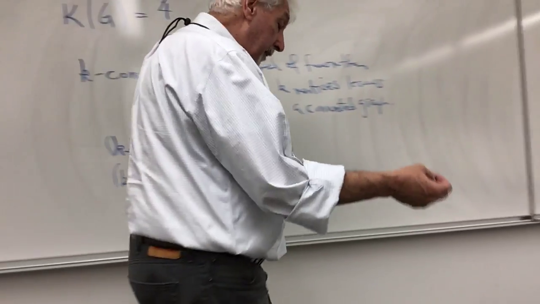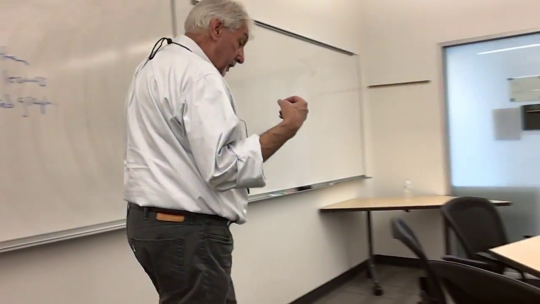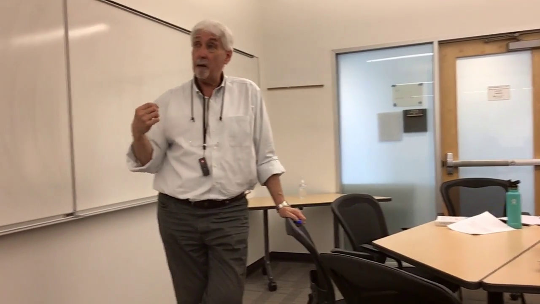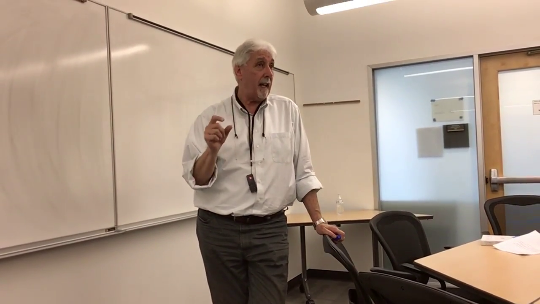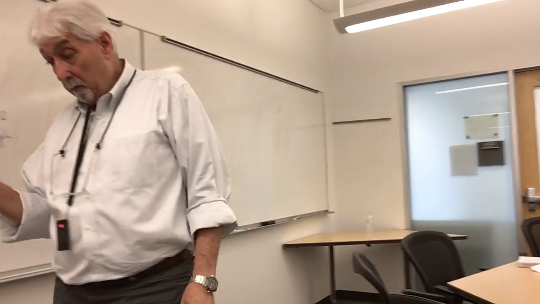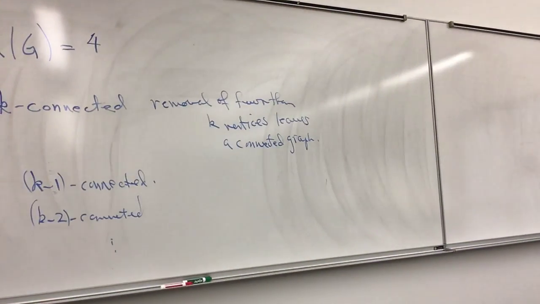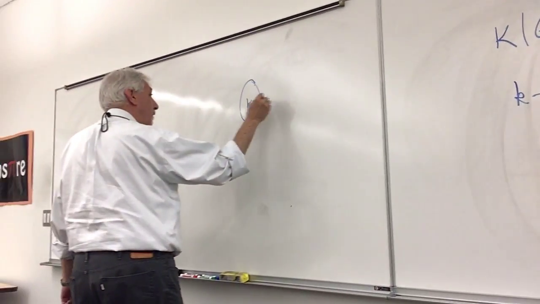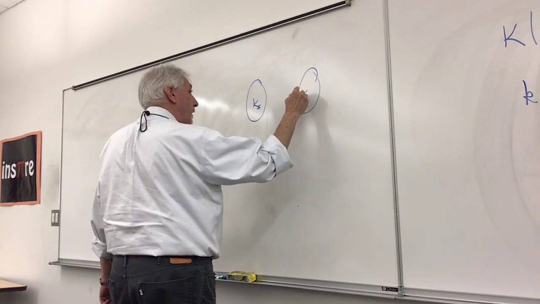Okay, so then the edge connectivity, same idea. Now instead of removing vertices, I'm removing edges and disconnecting the graph, not removing the end vertices. For example, let's imagine that this is a K5, and here's another K5.